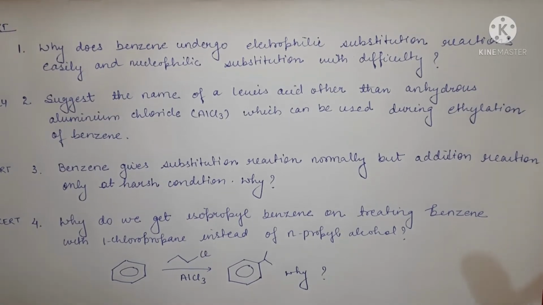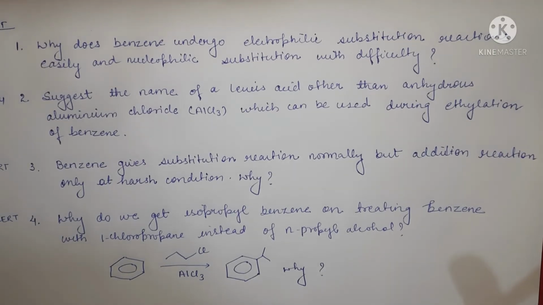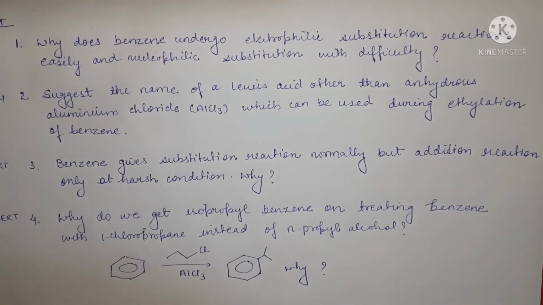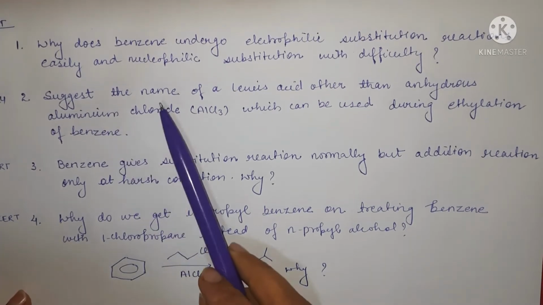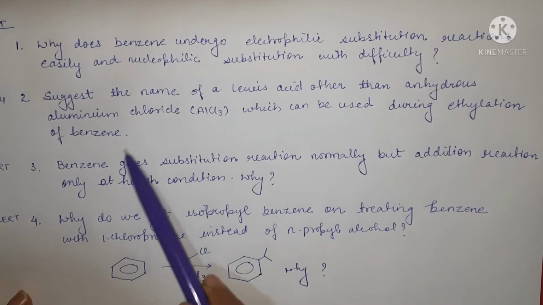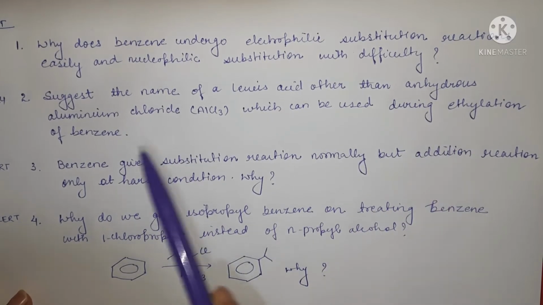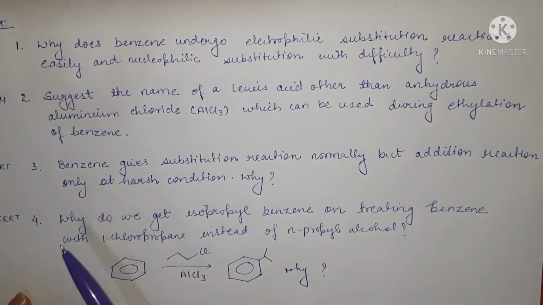The very first question is: why does benzene undergo electrophilic substitution reaction easily and nucleophilic substitution reaction with difficulty? The next question is: suggest the name of a Lewis acid other than anhydrous aluminium chloride which can be used during ethylation of benzene, meaning during the Friedel-Crafts alkylation of benzene.